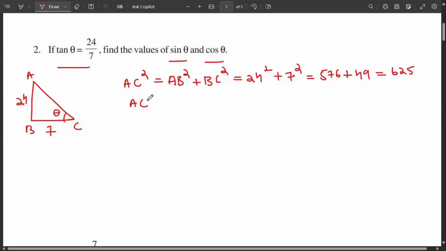So AC square is equal to 625. This implies AC is equal to square root of 625. Again, to find the square root of 625, we have to make use of prime factorization.